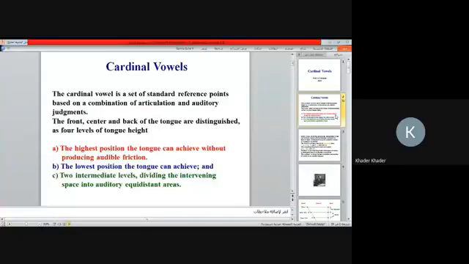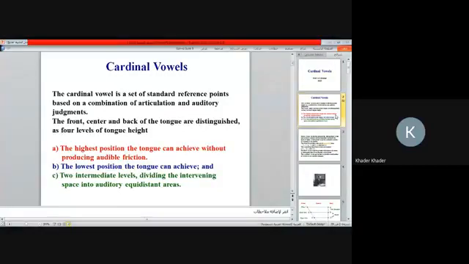Therefore, the front, center, and back of the tongue are distinguished as 4 levels of tongue height: the highest position the tongue can achieve without producing audible friction, the lowest position the tongue can achieve, and we have another 2 intermediate levels, dividing the intervening space into auditory equidistant areas.